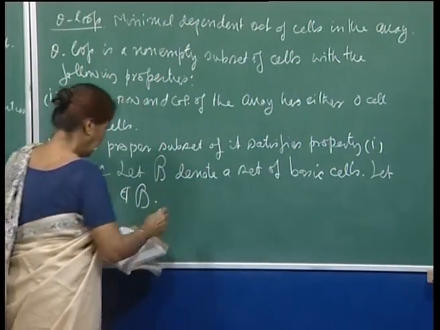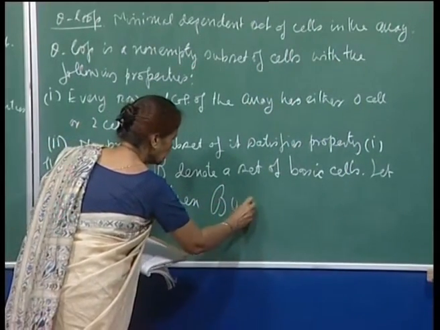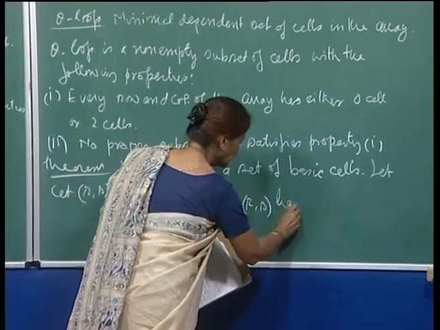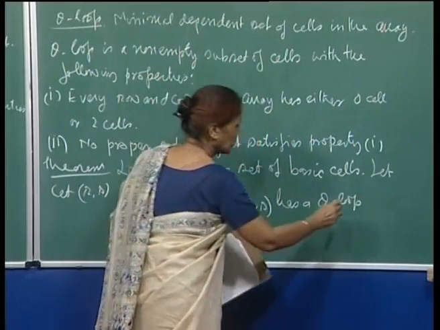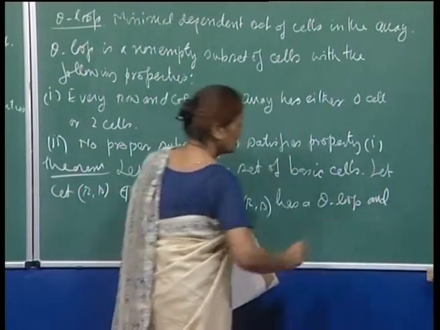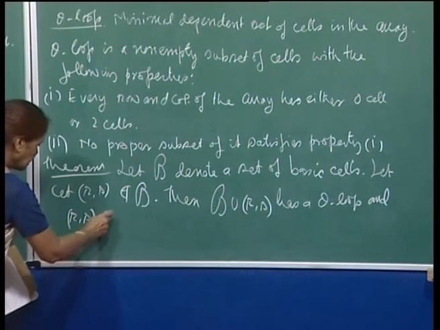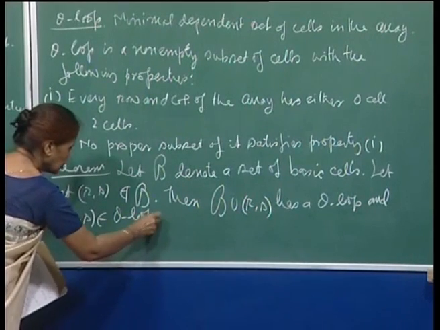Then B union R s has a theta loop, and the cell R s belongs to the theta loop. Okay.